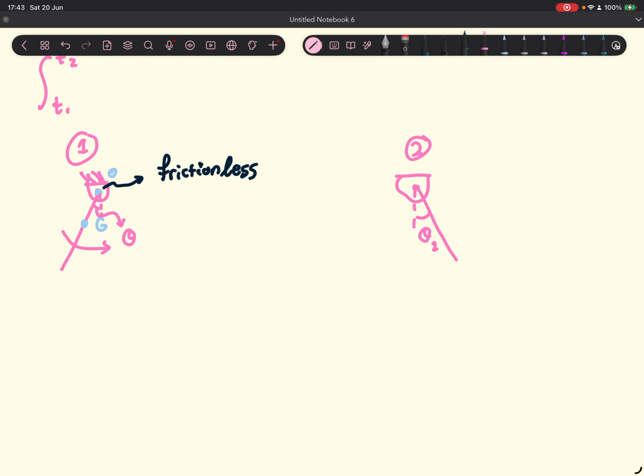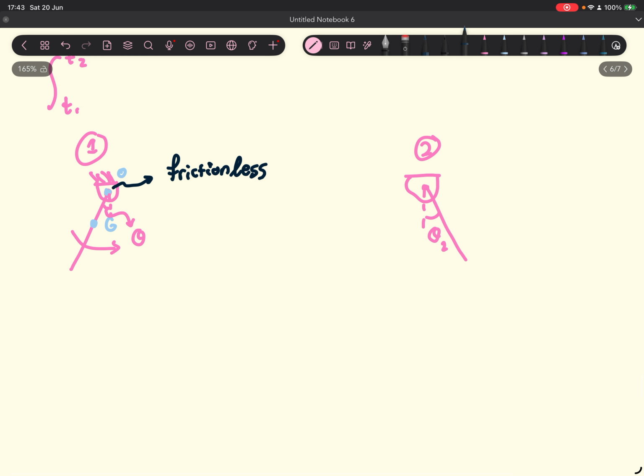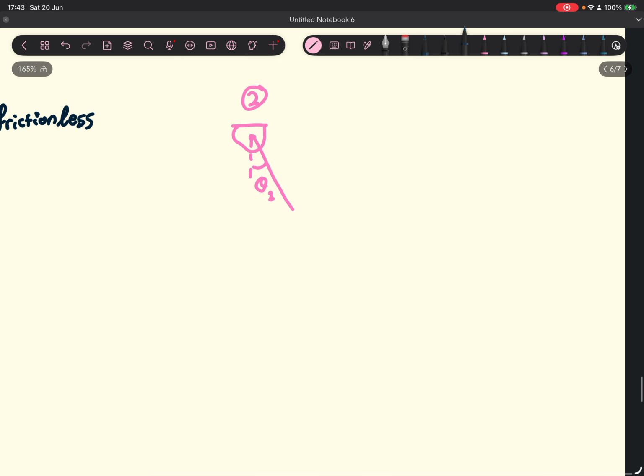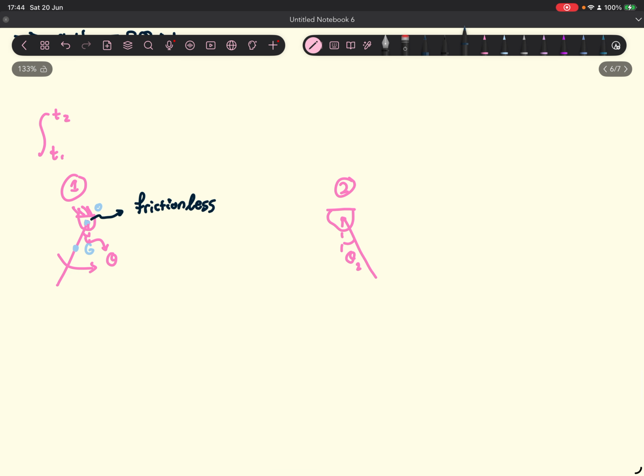And they asked you to calculate something regarding this, maybe like the velocity at point 2 or something like that. Let's say they asked you to calculate the velocity at point 2.